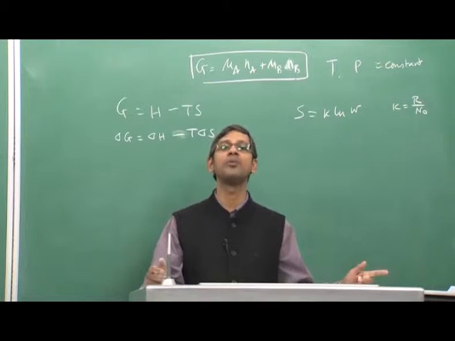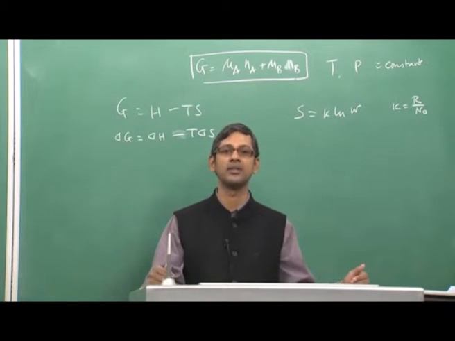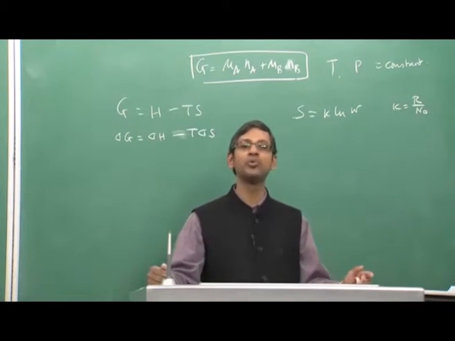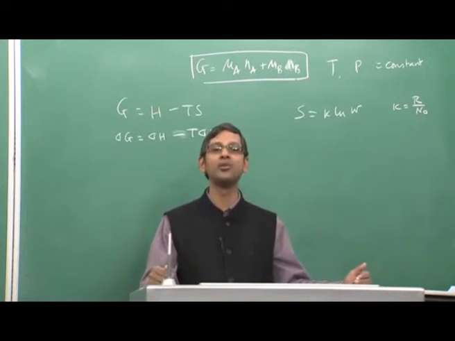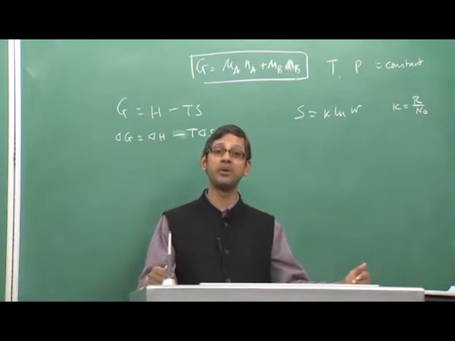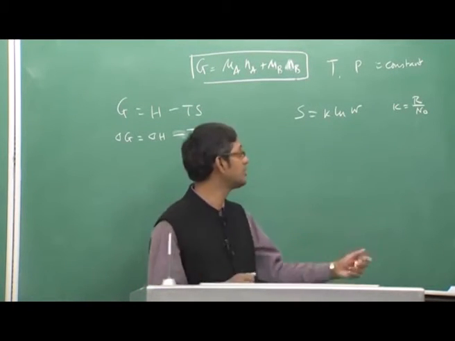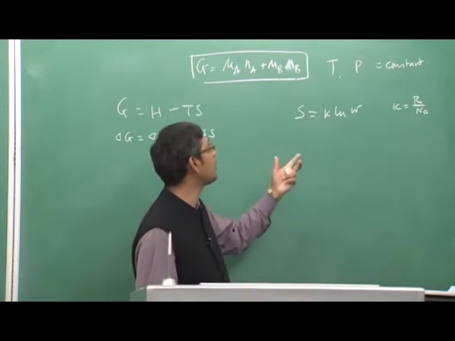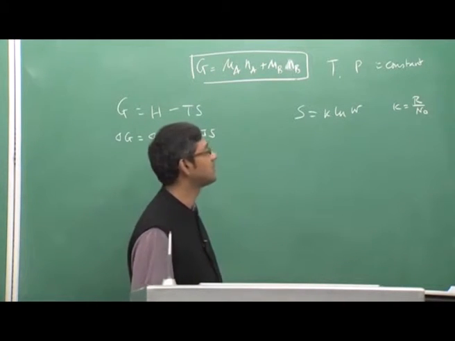You will find there are only 4 different ways of arranging that, and no other ways. Similarly, if you have 2 A and 2 B, or 2 red and 2 green balls, you will have 6 different ways of arranging them. So W means the number of ways of arranging the system.